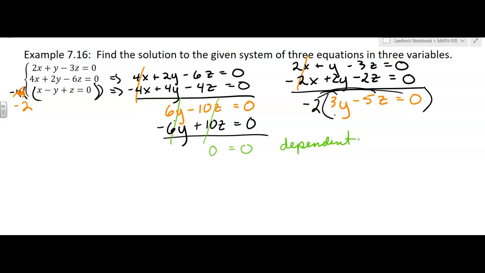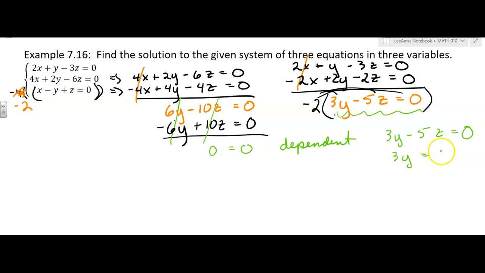You can take one of your equations then, one that we've already done. I'm going to take the 3y minus 5z, and I'm going to say 3y minus 5z equals 0. I just used that one because the numbers are a little smaller than the 6y minus 10z. Okay, so what I want to do now is solve for y.